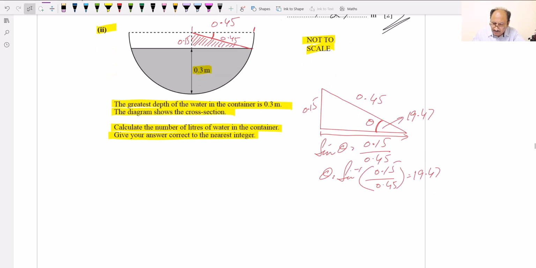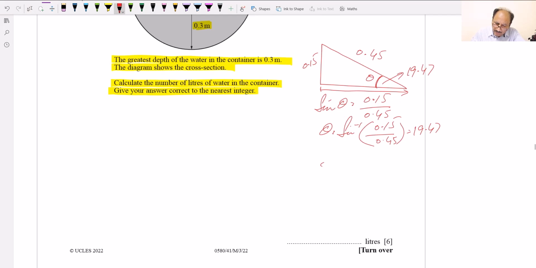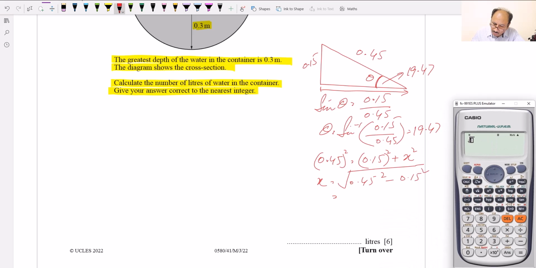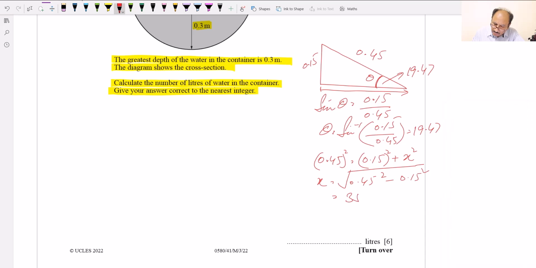By Pythagoras theorem also we can apply, and we can find 0.45 square will be equal to 0.15 square plus x square, and this x we can find, x will be equal to square root of 0.45 square minus 0.15 square, and this will be equal to, I'm taking the same value, 3 under 2 over 10, so square root of 2 over 10, this will be our x value.